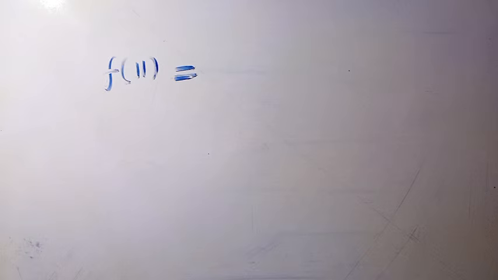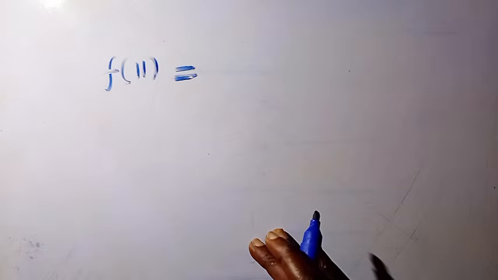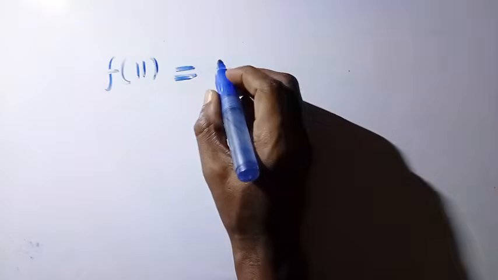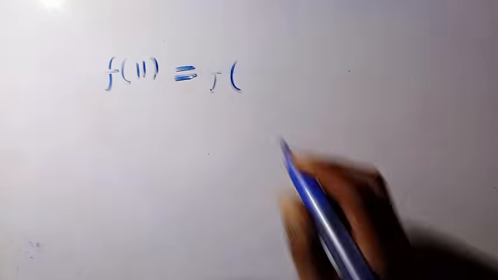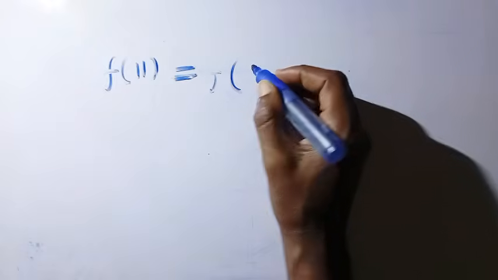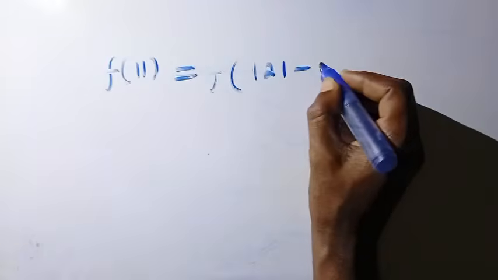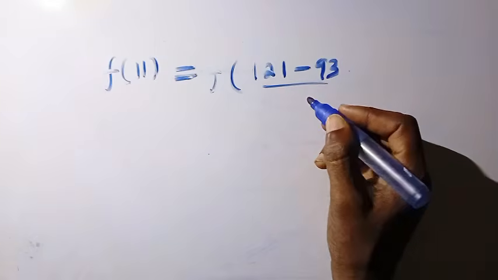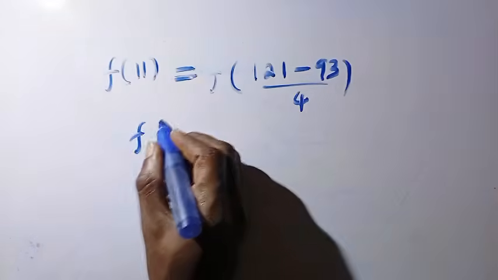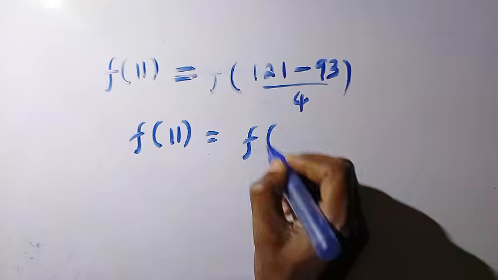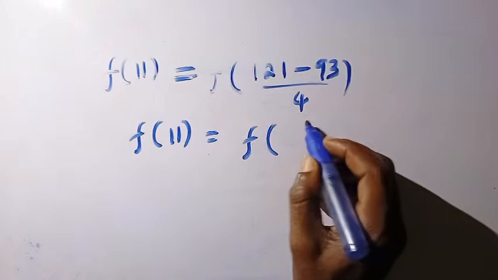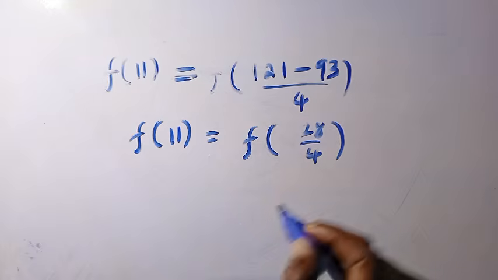Then we are going to have f of 11 equals f of (11 squared minus 93, divided by 4), which is f of (121 minus 93) divided by 4, that gives us 28 divided by 4.